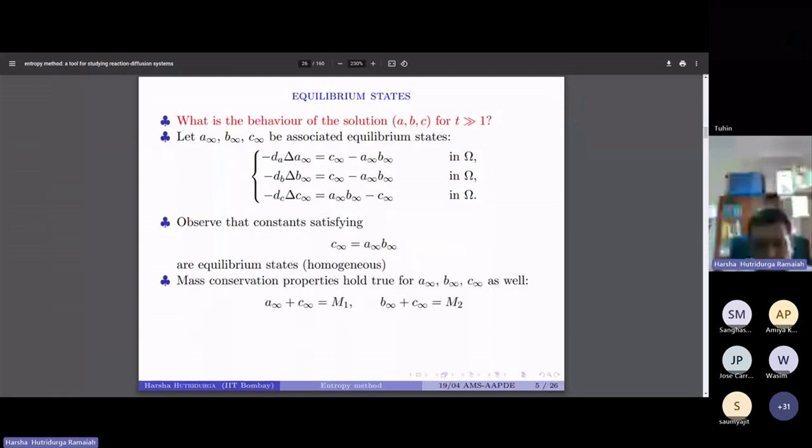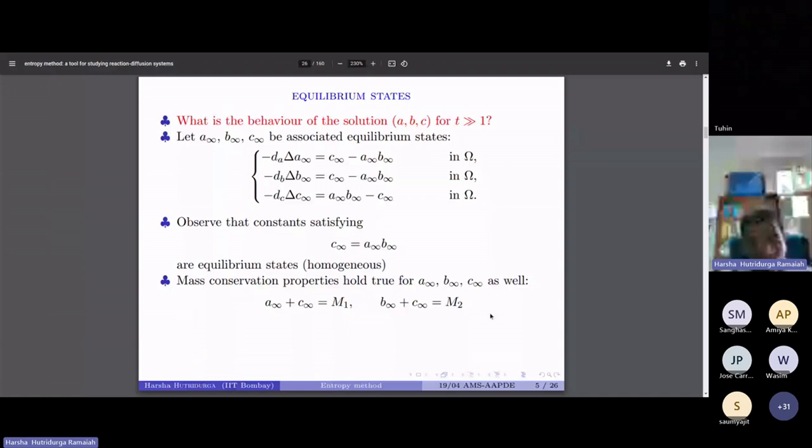So that essentially tells you that a infinity plus c infinity, integrated over omega and divided by the measure of omega, should be equal to m1. And the same thing for b infinity and c infinity. So you get these relations between c infinity, a infinity, and b infinity. m1 and m2 are decided by your initial data, as I remarked earlier.